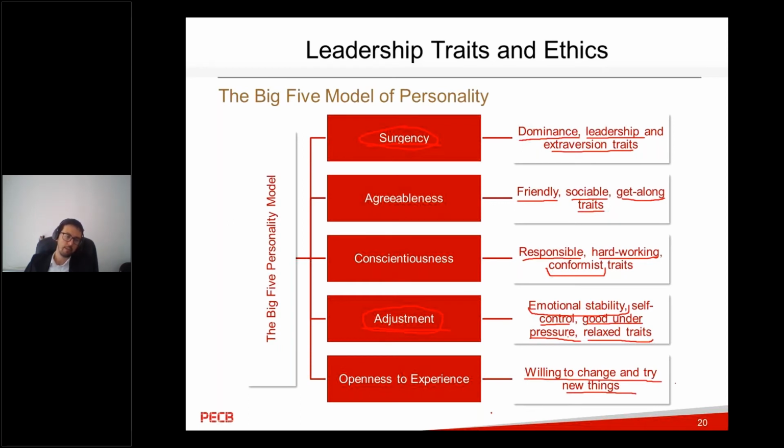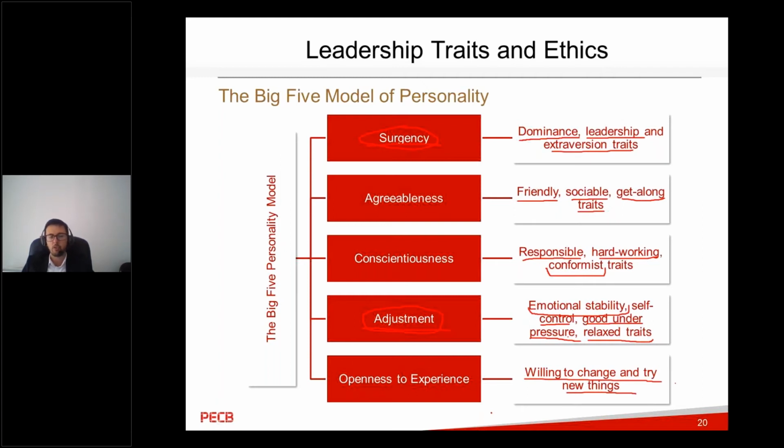As a result of some research that has been made, a correlation has been found between the Big Five as well as leadership. And the correlation seems to be the highest as it pertains to the surgency or extraversion personality trait. Basically, there has been a 0.31, so probably a 31% correlation between surgency and extroversion, so people that usually scored high in surgency happen to also be successful leaders.